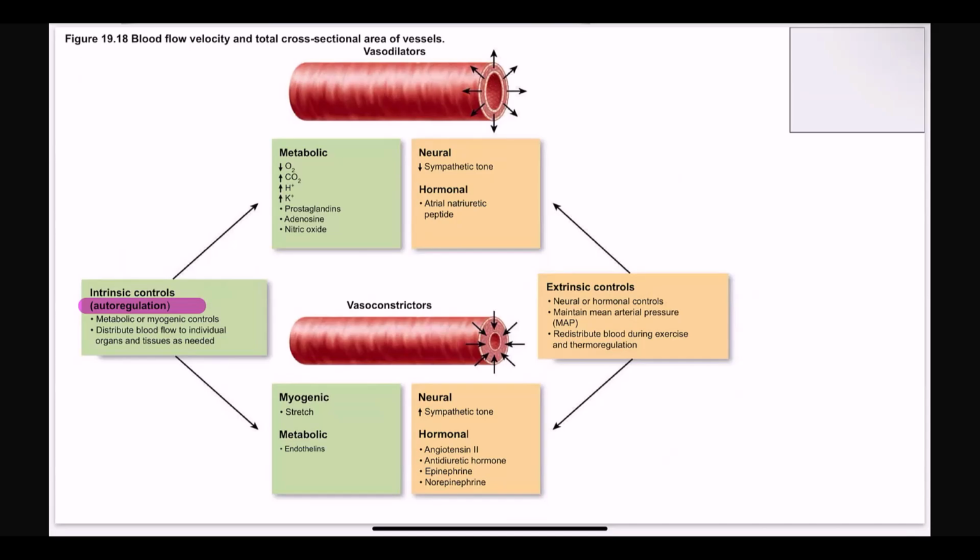And the extrinsic controls, their big goal is MAP, mean arterial pressure. Extrinsic controls also have a goal of making sure that the blood is distributed properly for different activities. If we're exercising, if we're cold, if we're hot, all of these types of things.